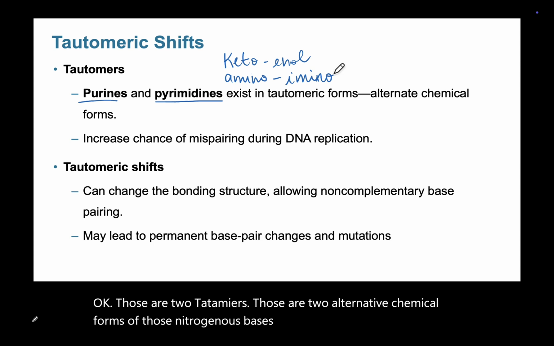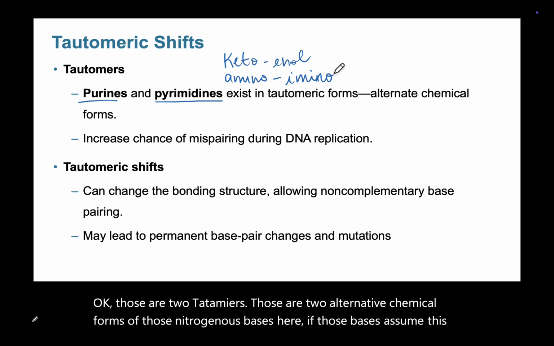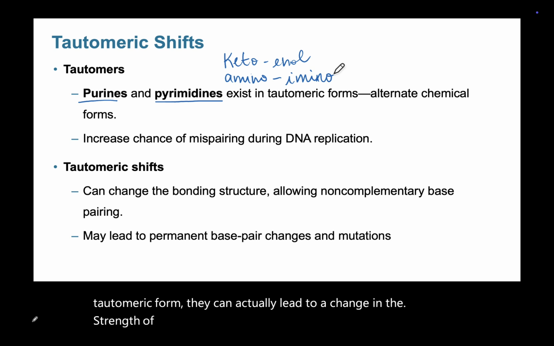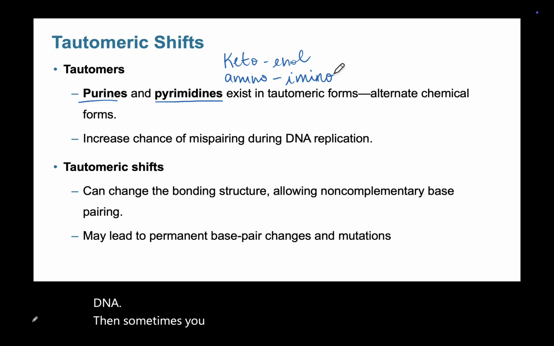If those bases assume this tautomeric form, they can actually lead to a change in the strand of DNA. And if you change the sequence in that strand of DNA, then sometimes you can have bases that are non-complementary to each other.